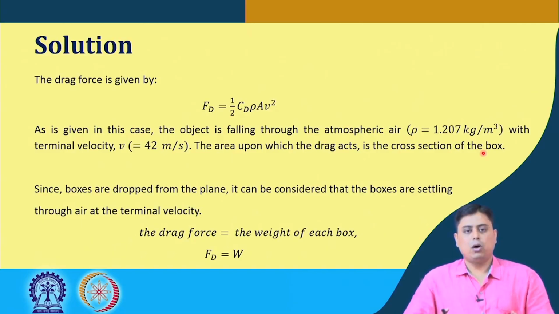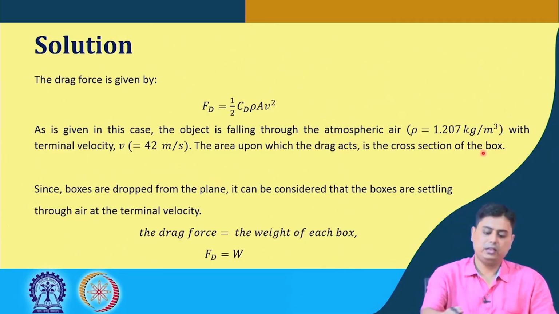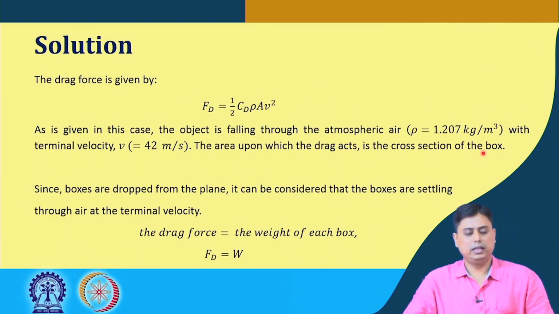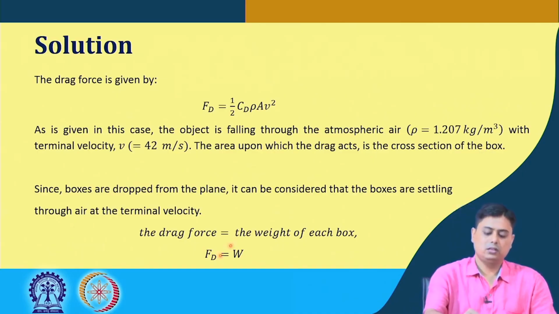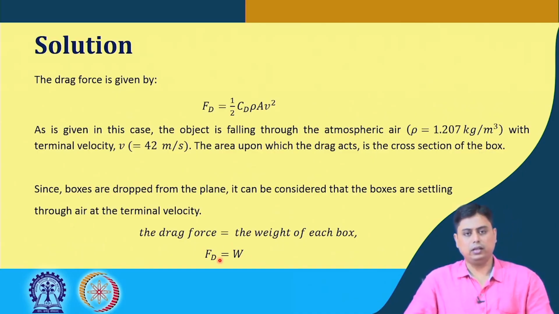And since the box is dropped from the plane, and in fact it is mentioned that the box is settling through the air at a terminal velocity, it means its weight and the drag force balance, and that is why there is no acceleration of the object, the food packet or the parcel. So, this weight is what is given.